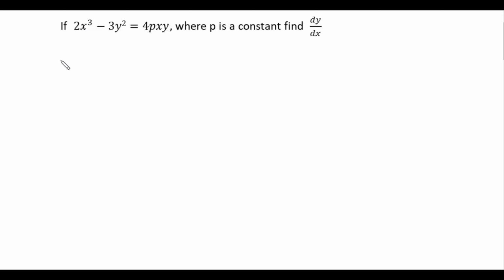So this becomes 3 times 2, 6x, 3 minus 1, this becomes 6x squared, minus 2 times 3y, and then 2 is subtracted by 1, dy/dx, since you are differentiating y, that's the rule. 4p, and then you differentiate x, keep y, write your y, and then you write plus sign.